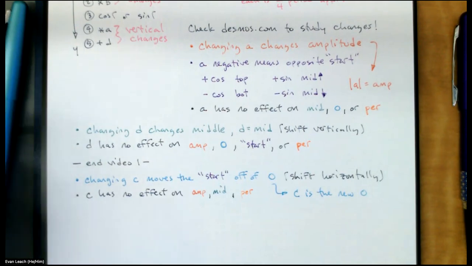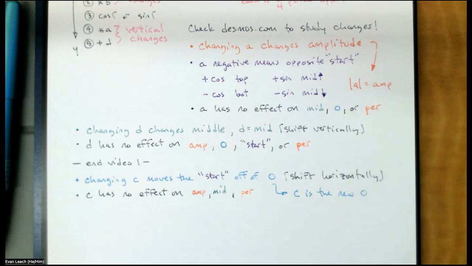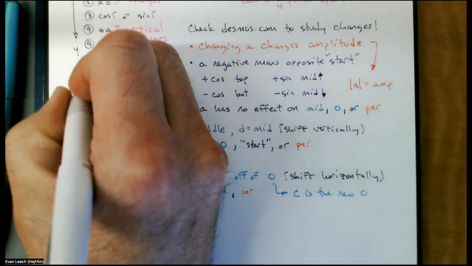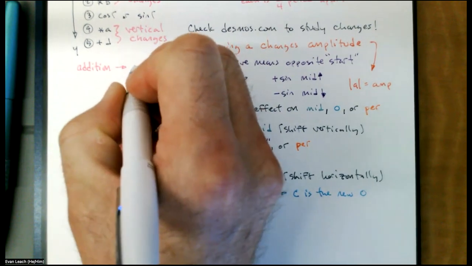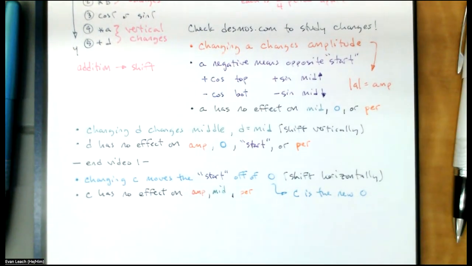One thing that we do want to point out here is that D and C both shifted the graph vertically and horizontally. So another thing that we can observe is that they have the same operation attached to them. So it looks like addition and subtraction produce shifts. Addition before is horizontal shift.